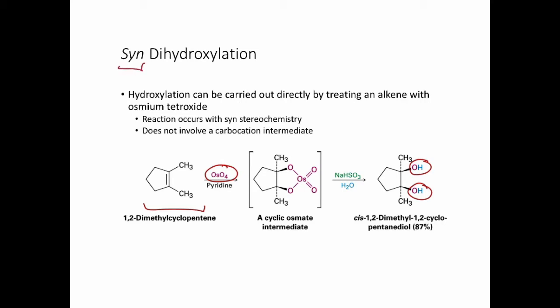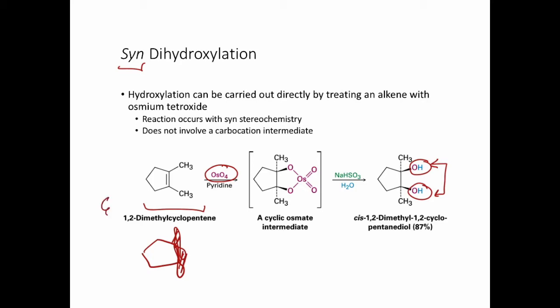So notice that the OH groups are both pointing up. That is because they added from the same face of the alkene. So remember, alkenes, we talk about having 2 faces, a top face and a bottom face, because we could redraw the alkene. Instead of drawing the line for the double bond, we could show it as an overlap of p orbitals, because that's what it is.